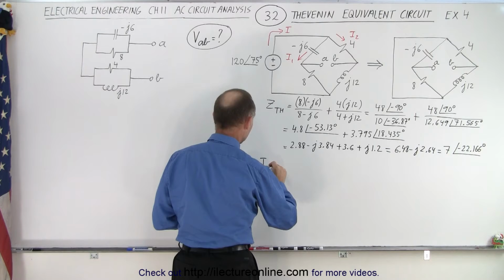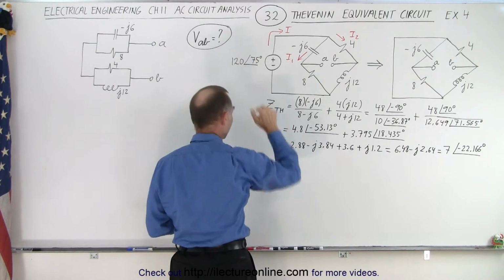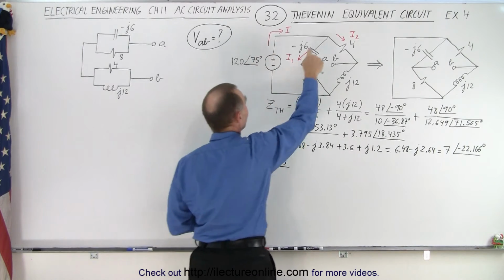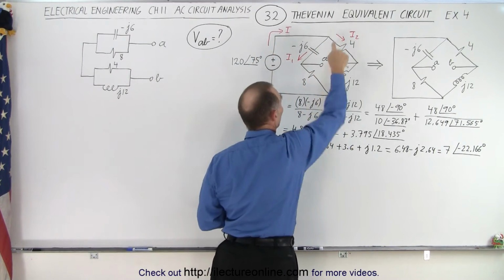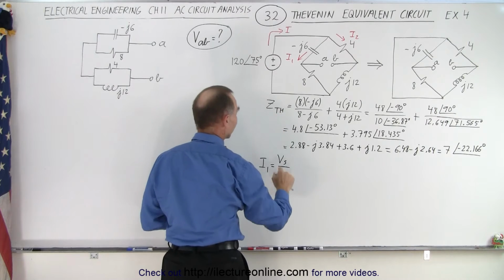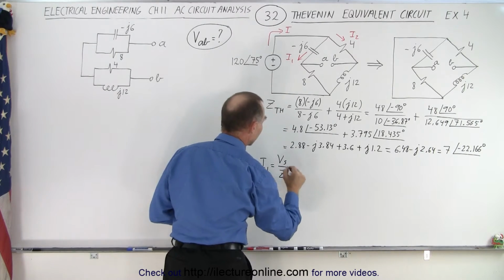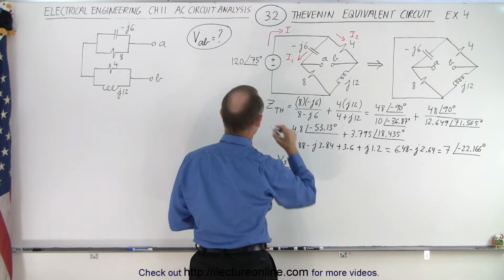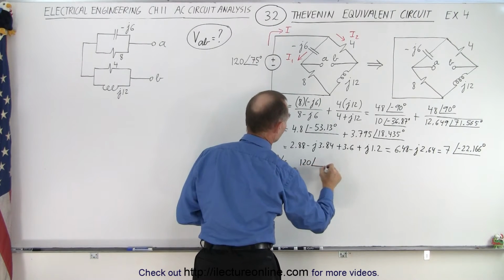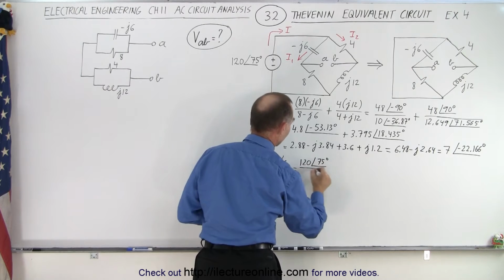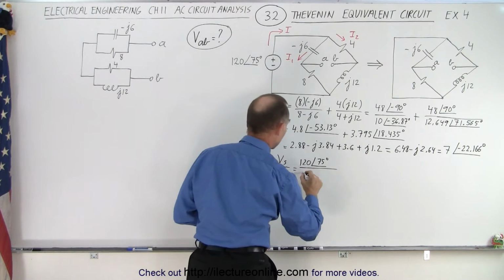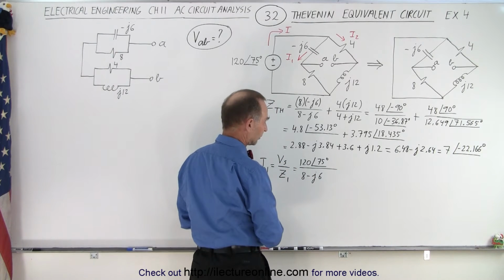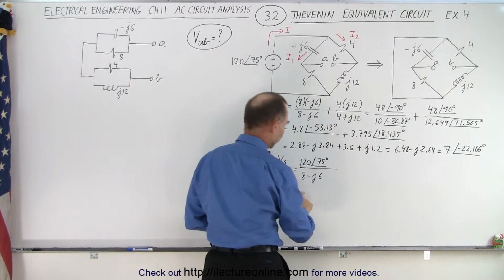I1 can be found by taking the voltage of the source and dividing it by the impedance of the left branch, because the voltage of the source is the same as the voltage across either the left or the right branch. So we get 120 with a phase angle of 75 degrees divided by Z1, which is 8 minus J6. This needs to be converted.